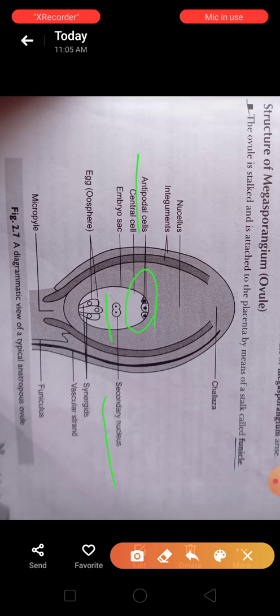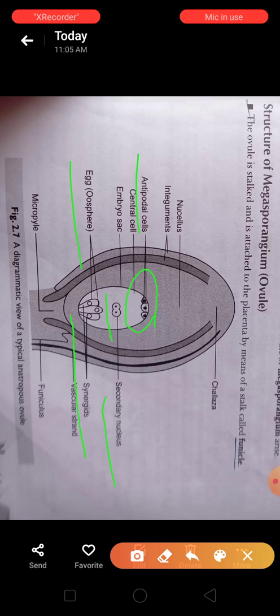And at the micropyle end one egg cell and two synergids are found. So one egg, two synergids, plus two polar nuclei and three antipodals on the upper side. So a total of 8-nucleate, 7-celled stage is there.